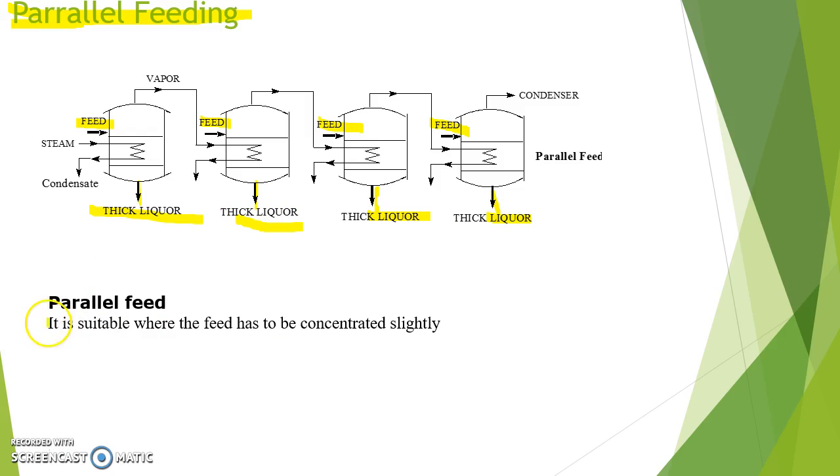So that means it is suitable for the feed which has to be concentrated slightly. That means parallel feeding should be used in those cases where less concentrated product is necessary. So friends, this is all about parallel feeding.